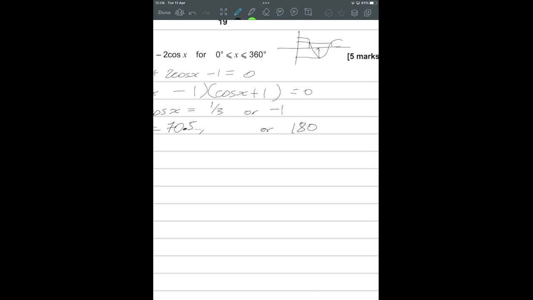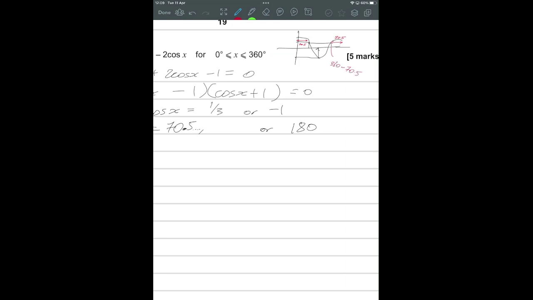Now how do I get my other solution? Well, if we remember our tricks and our symmetry, that bit there is 70.5, and that bit there is 70.5, so we can find that solution by 360 minus that value.